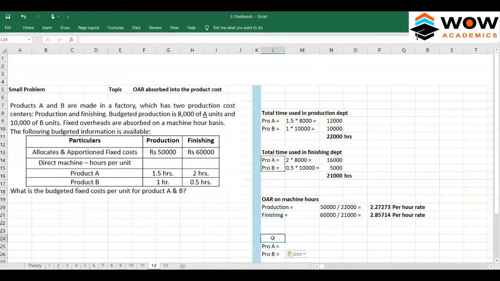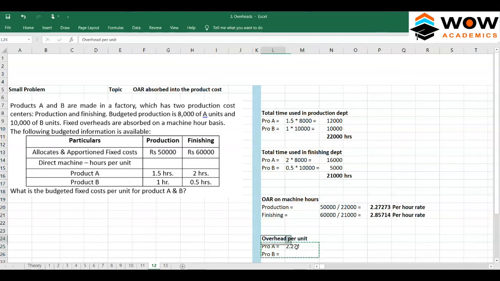So the overhead per unit. We can start here with 2.27 into, so each product spends time here. So I think we could put a table.